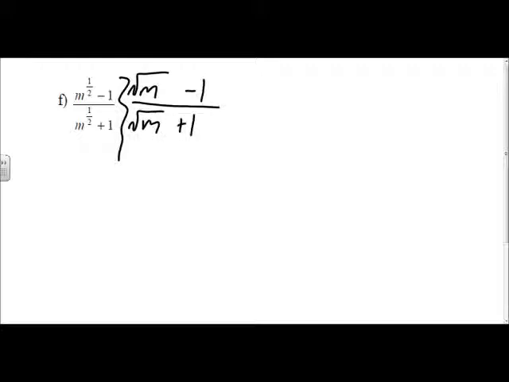So it's very similar to the one we worked with, whereas before we had a plus 1 on top and a minus 1 on bottom. Now they're switched. But we know exactly what to do in these cases. We multiply by the conjugate still. So in this case, we would be multiplying by root m minus 1 and root m minus 1.